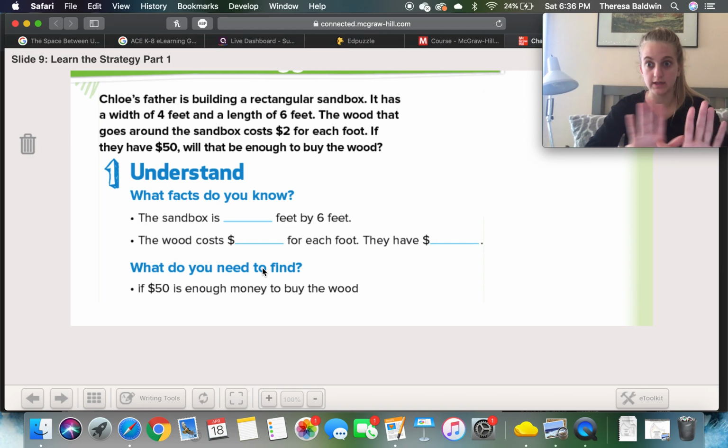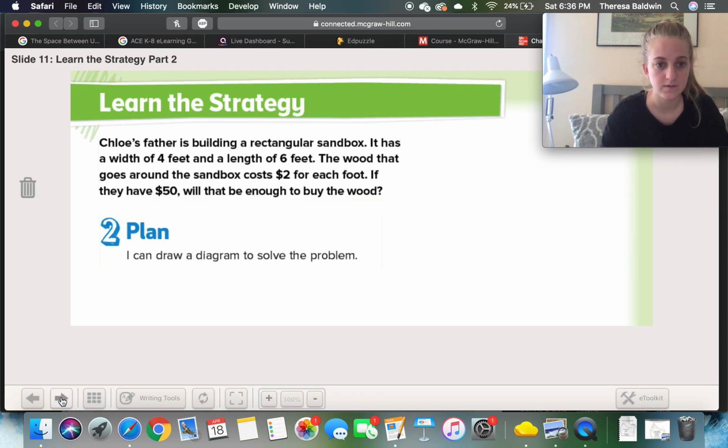All the area or the space inside of a shape. So if we're trying to measure and figure out how much wood we need for a sandbox, but the wood is just going around the edges, tell me, do you think that we're looking for perimeter or area? Perimeter. Good. Okay, let's get started.